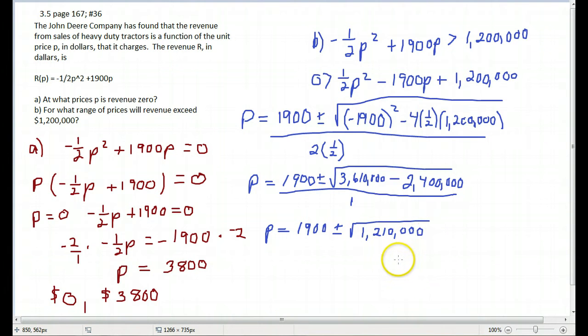And then taking the square root of that, I get P equals 1900 plus or minus 1,100.